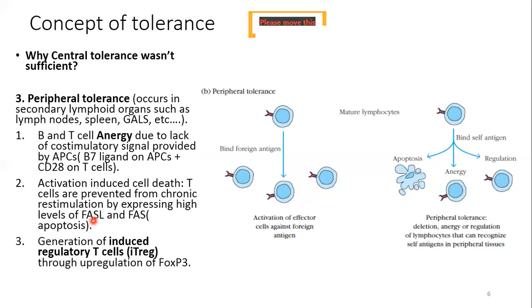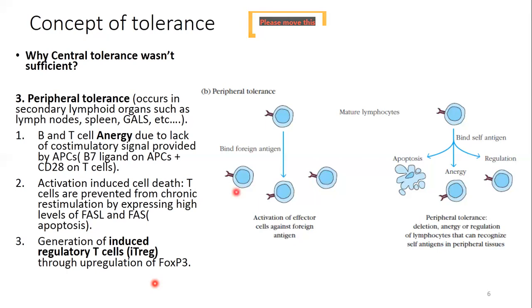There is also production of regulatory T cells in the periphery, called induced regulatory T cells, through upregulation of FOXP3. This gene can regulate many other proteins associated with the regulatory phenotype of these T cells.